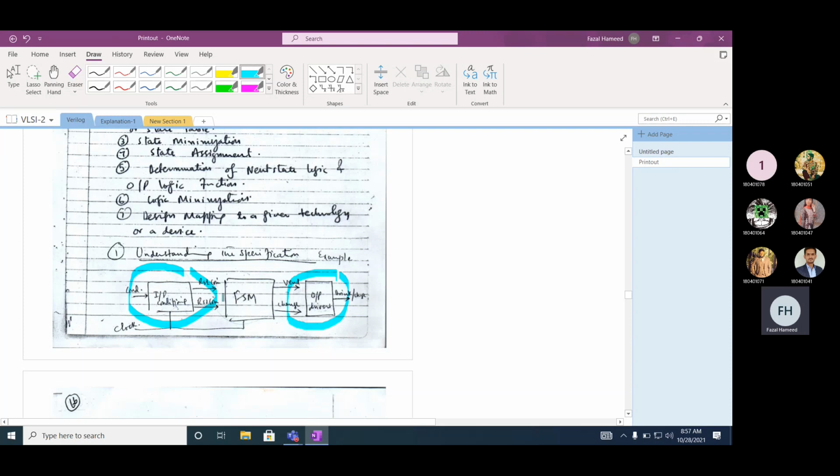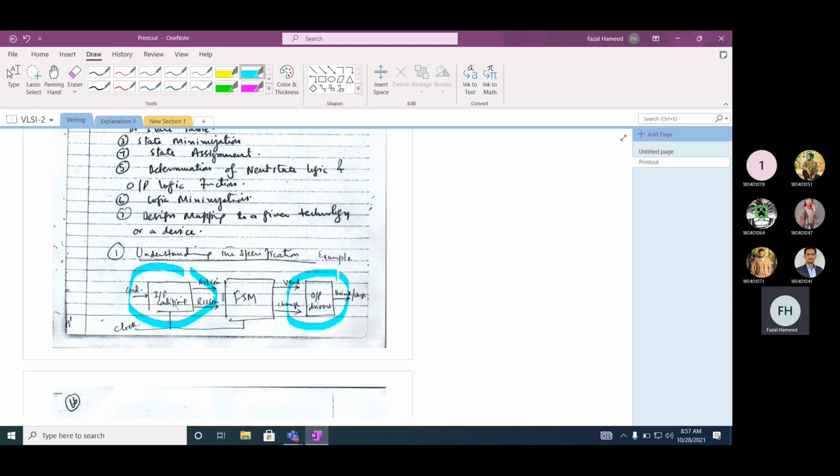And in the FSM, we say that there are 2 inputs, ₹1 and ₹2, and 2 outputs, vend and change. When ₹1 is 1, it means that the user has inserted a coin of 1. When ₹2 is 1, the user has inserted a coin of 2. And we further assume that both of these inputs cannot be asserted at the same time. Like 1, 1 is not possible.